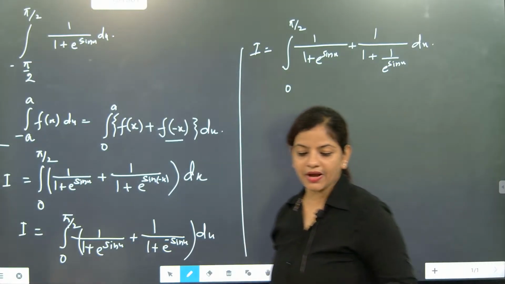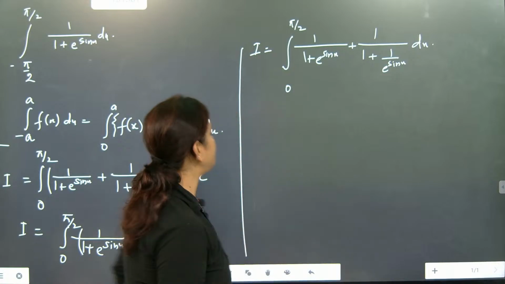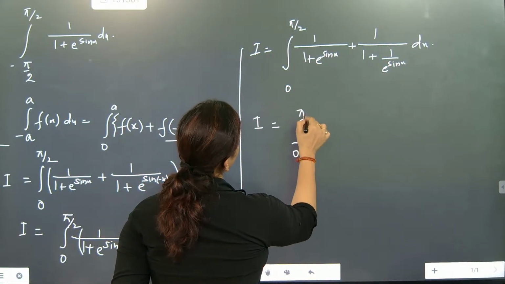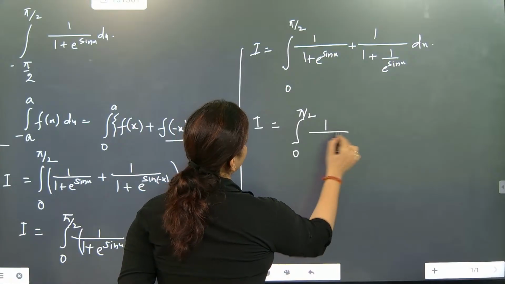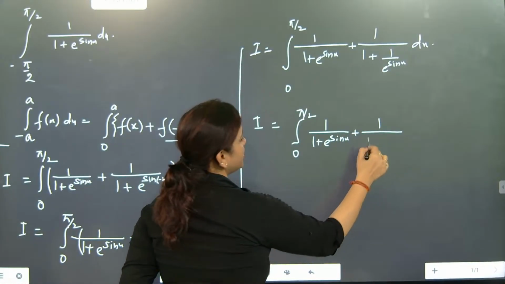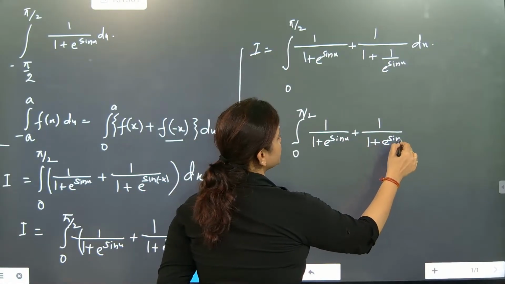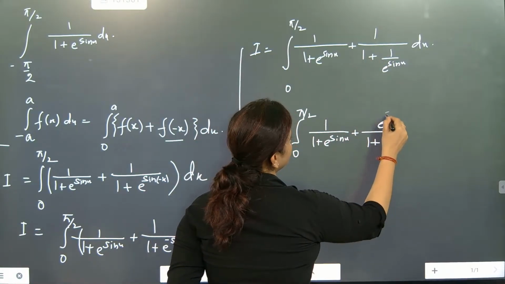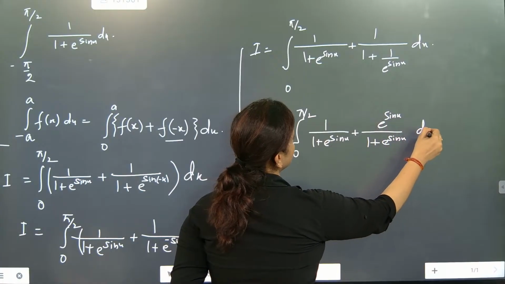Got it? The minus section will get converted into plus. Now here, I will be equal to 0 to pi by 2, 1 by 1 plus e to the power sin x plus 1 by 1 plus e to the power sin x, and this e to the power sin x will go and multiply up. It will become e to the power sin x dx.